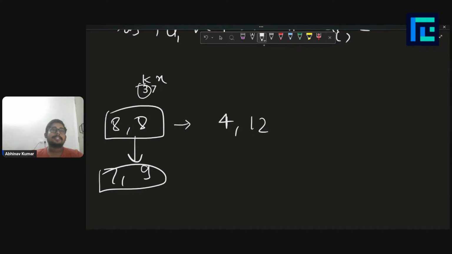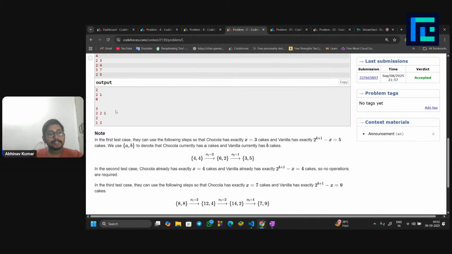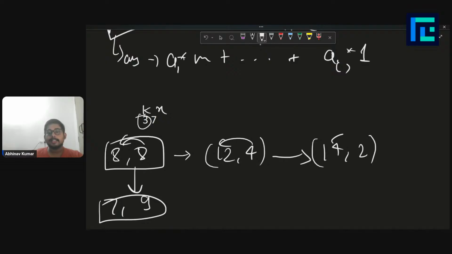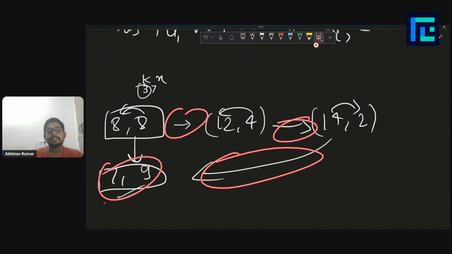Then if the second person reduces to half and gives to the first person, it would become 12, 4. Then again if this person gives to the other person, it becomes 14, 2. And then this person gives to this one, it becomes 7, 9. So here you required 3 operations to reach your required state.